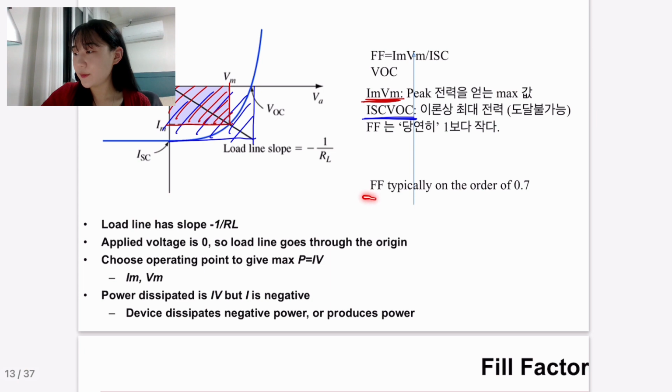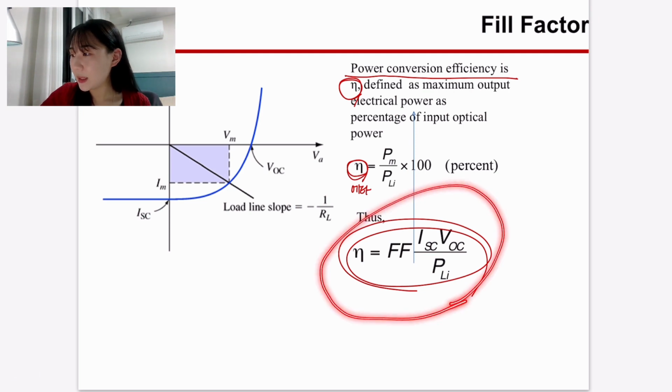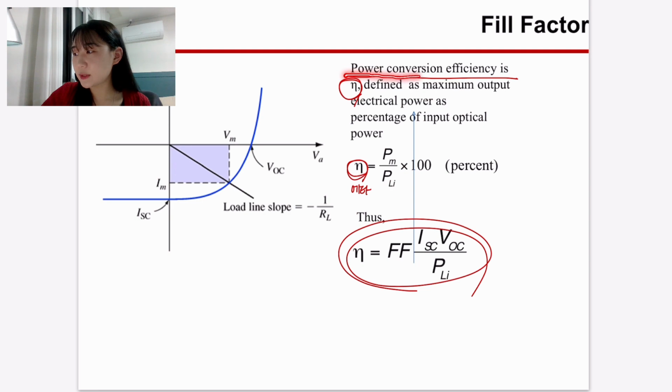And the fill factor is typically on the order of 0.7. And we can get the power conversion efficiency from this equation.